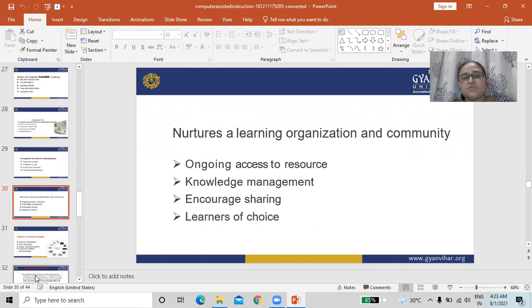It nurtures a learning organization and community: ongoing access to resources, knowledge management, and encouraging sharing, learners of choice.